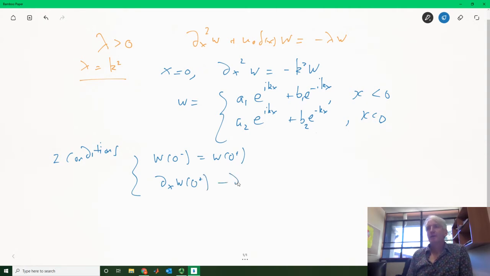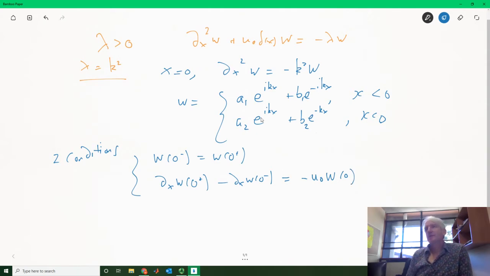Minus the x derivative of w at 0 minus is equal to, and this is minus u naught w at 0. Okay, so those are the two conditions that we're going to use.